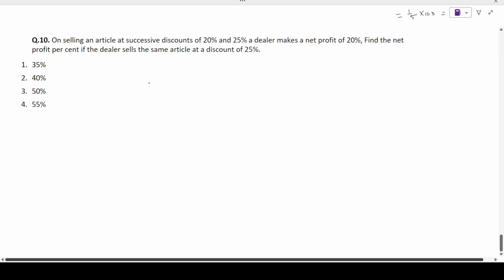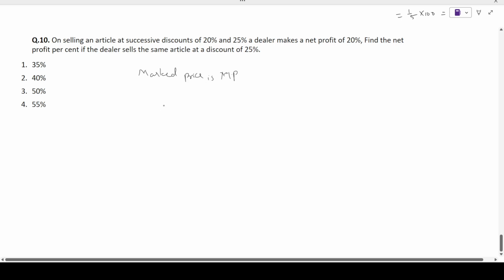Here we have, let's say the marked price is MP.